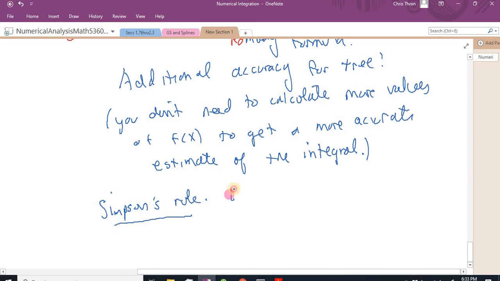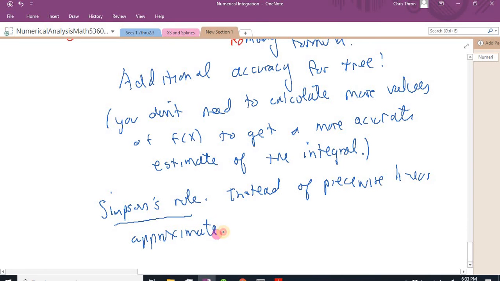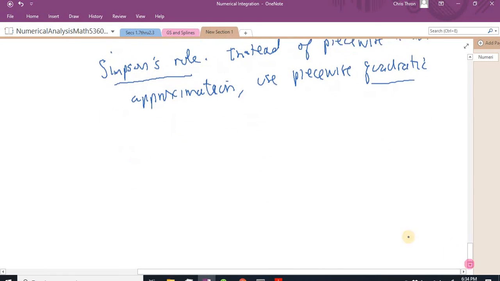Simpson's rule says that instead of a piecewise linear approximation, you use a piecewise quadratic. Now, this is not quite the same thing as quadratic splines.